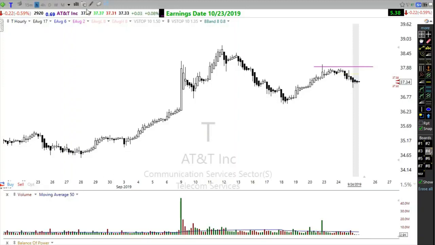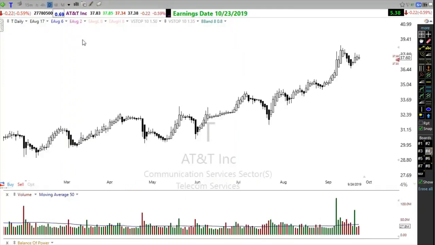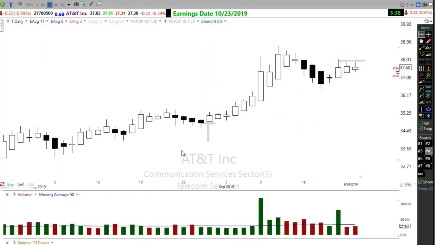Now let me explain the candles themselves. I'm going to go back to a daily here. When you take a look at a Heikin Ashi candle, notice that we have these. It's kind of odd if you look at candlestick charts all the time, that these candles right here, notice they have no tails. Not one tail. When a Heikin Ashi candle has no tails, it indicates strong uptrend.